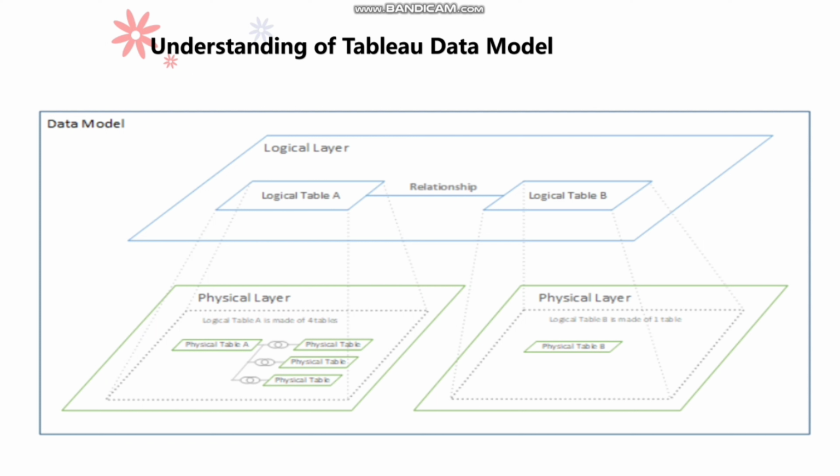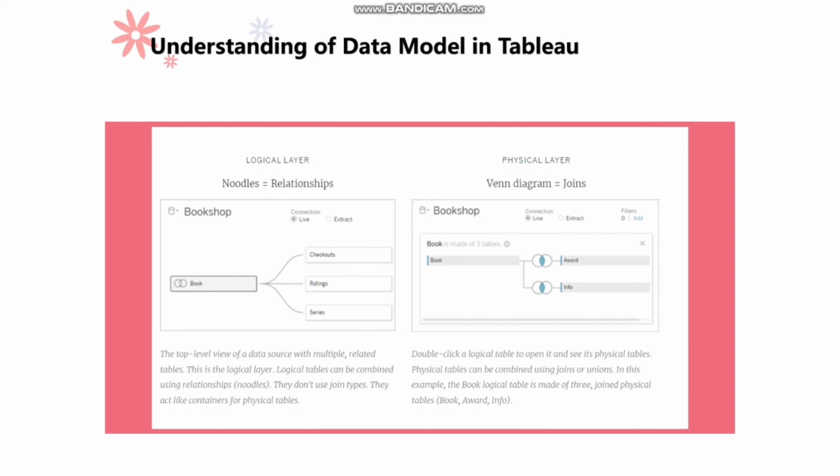Let me open Tableau desktop and show you how we can interpret it. Before that, let me give you a brief overview of how it looks. On the left side, we have the logical layer where a logical table is connected through nodes with multiple logical tables.